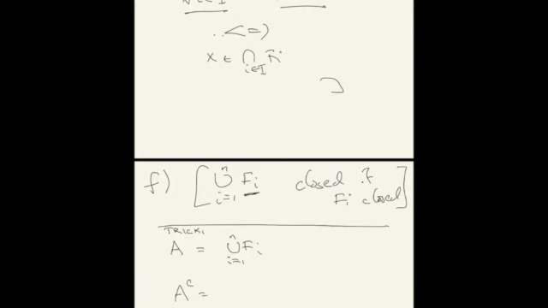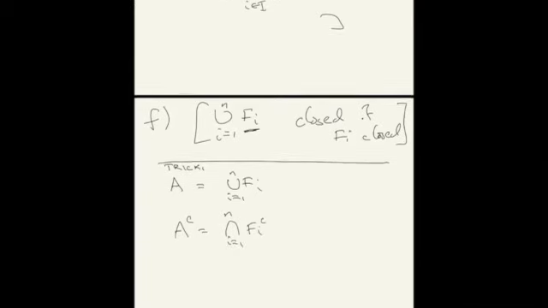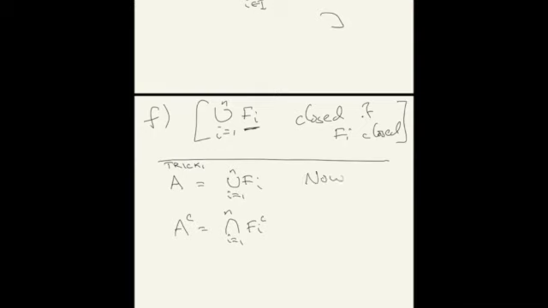The complement is now an intersection of the complements of F_i. So by C, the F_i complements are open. Finite intersections of open sets are open.